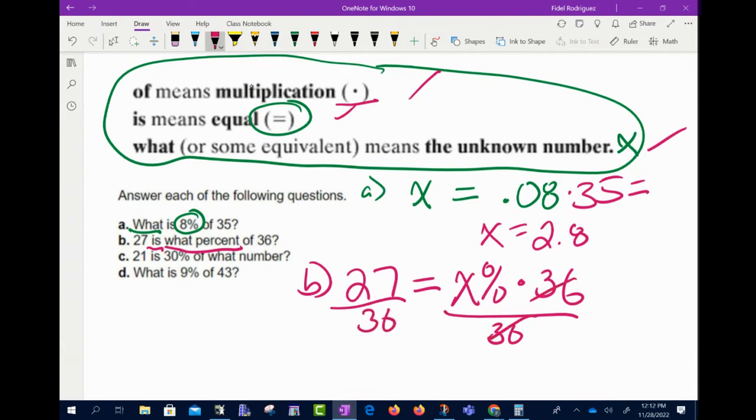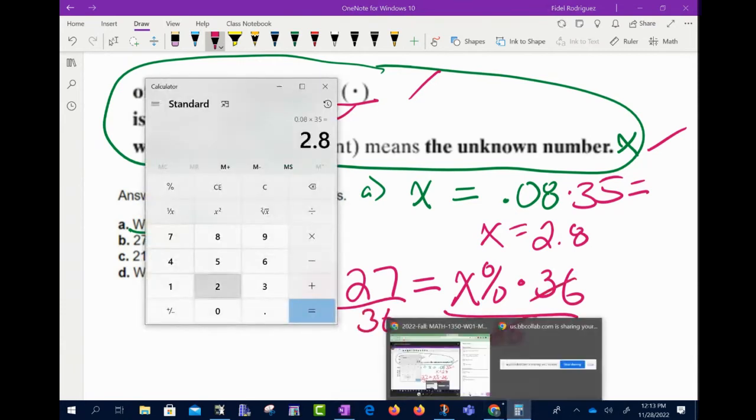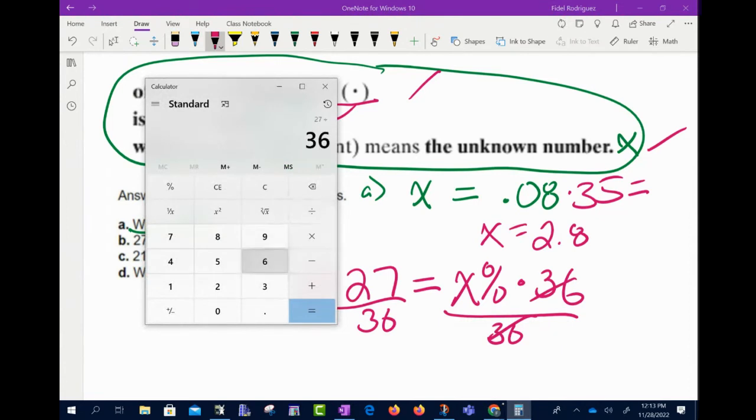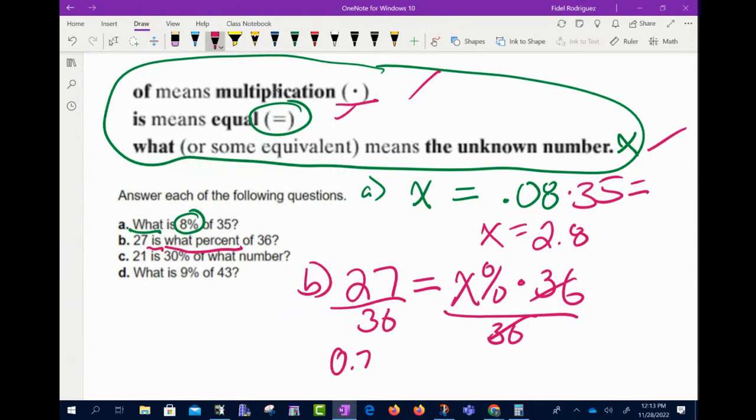I'm going to take my calculator and say, what's 27 divided by 36? 0.75. Since I want to change it to a percent, I'm going to move my decimal point two spaces to the right. So x is going to be 75%.